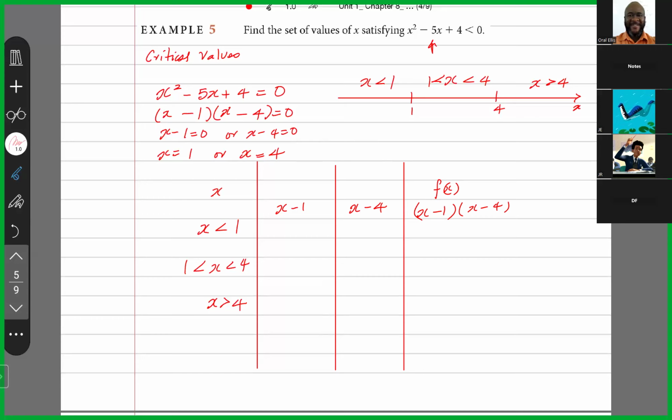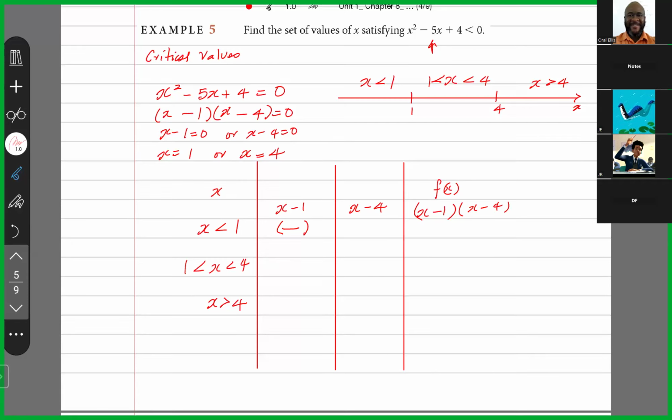All right, let's examine now what happens when x is less than 1. If x is less than 1, x could be 0. Now, if x is 0, x minus 1 would be negative, because it's going to be 0 minus 1, and 0 minus 1 is minus 1.